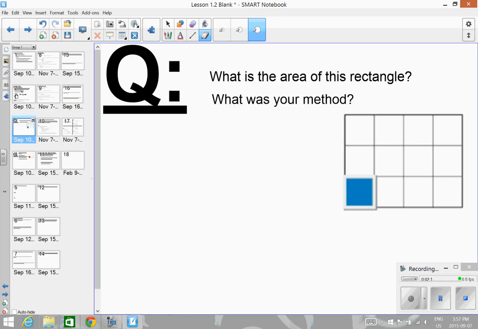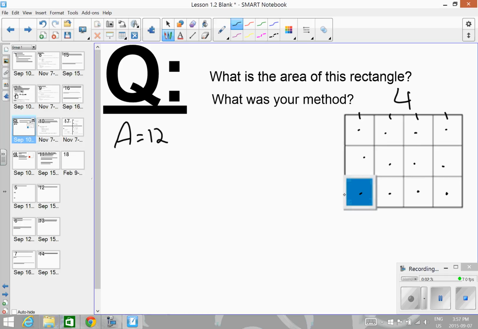So, talking about square units and area, what is the area of this rectangle? A couple ways you could do this. You could just count them. 1, 2, 3, 4, 5, 6, 7, 8, 9, 10, 11, 12. So my area, I know just from counting, has to be 12. But that's not the only way we could do this. We could also say, hey, there's 1, 2, 3, 4.